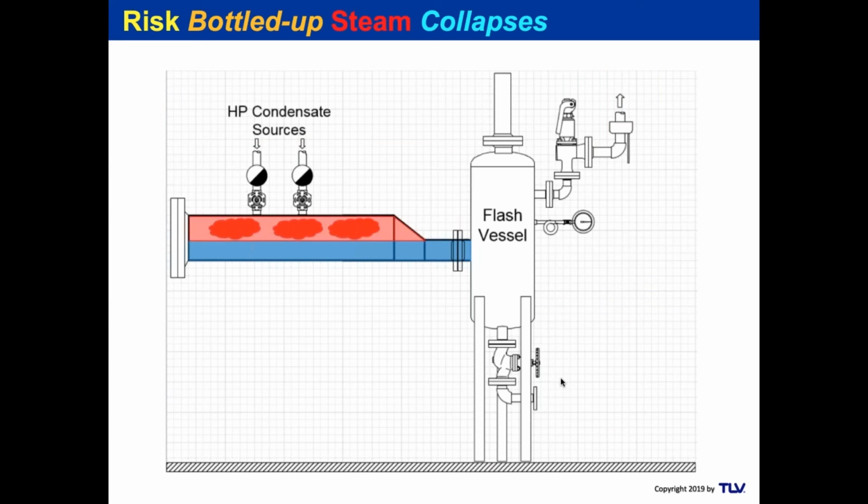Whoever is designing your flash vessel, make sure they consider the amount of flash, because this particular one, which was also about 5 meters high, had a 3-inch flange on it because they thought that's all that was necessary. However, the actual line, because of flash steam, was like an 8 or 10-inch line. So they had to neck it down to get into the flash drum. Yes, they were blowing apart the gaskets here. They were blowing apart this flange. It was quite a problem.